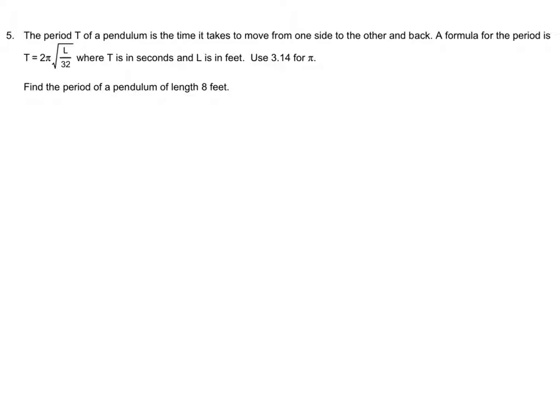So my length is 8 feet, and that means that L equals 8. And I'm going to use 3.14 for pi, and I want to find t. So I'm going to plug in the values for L and pi into my formula and solve for t.